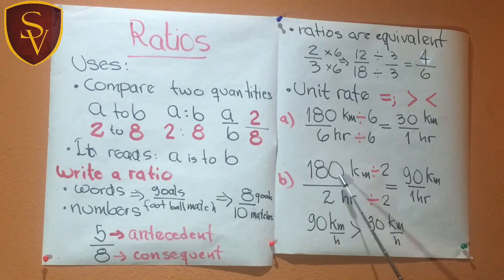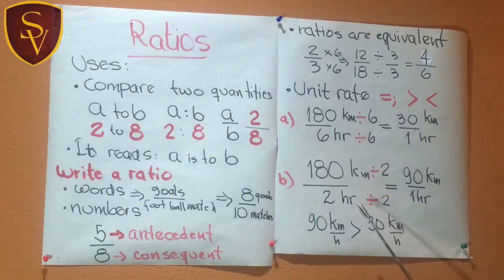This car goes 180 kilometers in 2 hours. To find the unit rate, I only have to divide the upper number and the lower number by the same denominator. In this case by 2, because 2 divided by 2 is going to give me 1. And 180 divided by 2 is going to be 90 kilometers per hour.